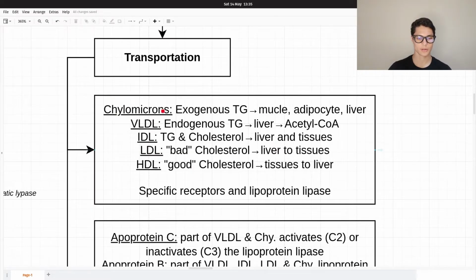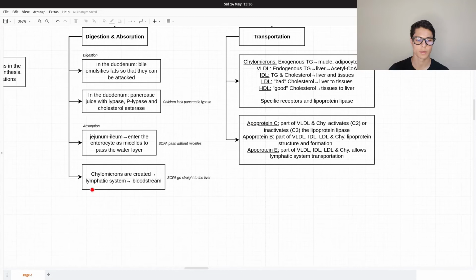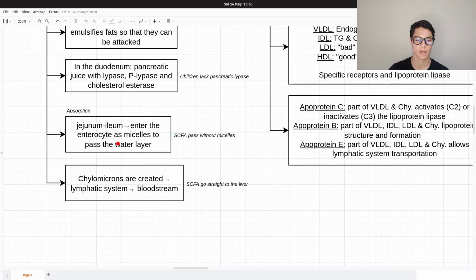Transportation: chylomicrons, very low density lipoproteins, intermediate density lipoproteins, low density lipoproteins, and high density lipoproteins. The chylomicrons transport the exogenous triglycerides from the digestion, because I have to mention that once we absorb them and they are inside the enterocytes, the fatty acids are going to get converted back into triglycerides, and then they are put inside the chylomicrons.